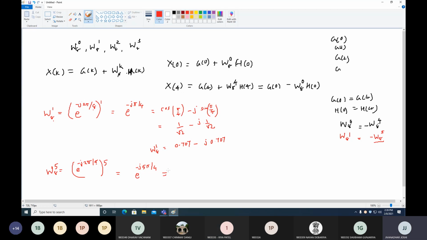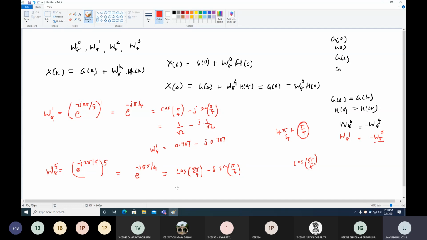Yes, sir. Okay. So cos 5 pi by 4, minus j sin 5 pi by 4. So how much is cos 5 pi by 4? It is 4 times pi plus pi by 4, so cos 5 pi by 4 is just equal to cos of pi plus pi by 4, because it is a periodic signal. So how much is it?